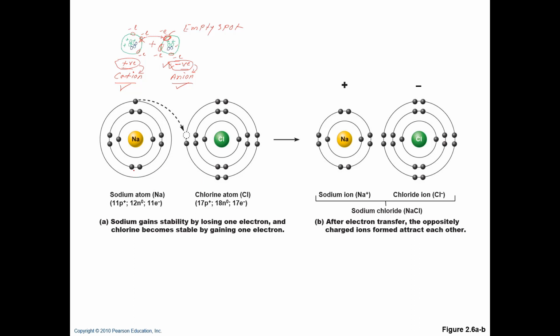So here you see this is sodium, okay, and this is chlorine, Cl. On the valence shell, sodium has an electron, and this electron from the valence shell of sodium jumped to this empty spot here. You see there is an empty spot. So when they come close to each other, this electron will jump from here to here.